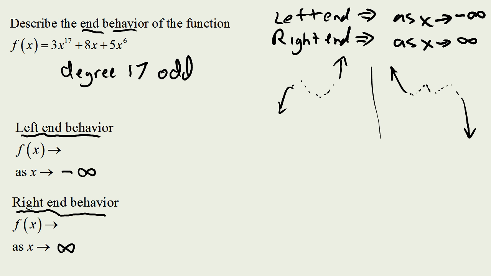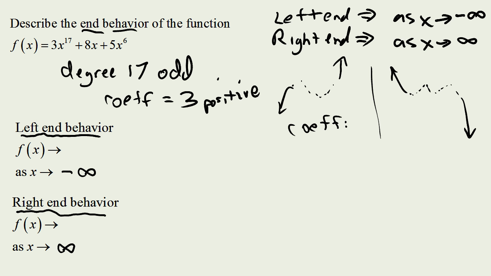Well, you decide which one it's going to be based on the coefficient of that leading term, the coefficient on that highest degree term. The highest degree term is x to the 17th. Its coefficient is a 3, that's a positive number.